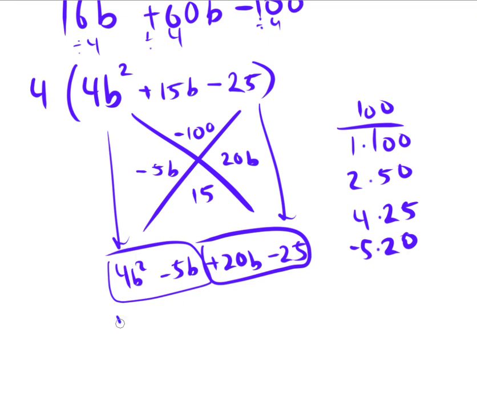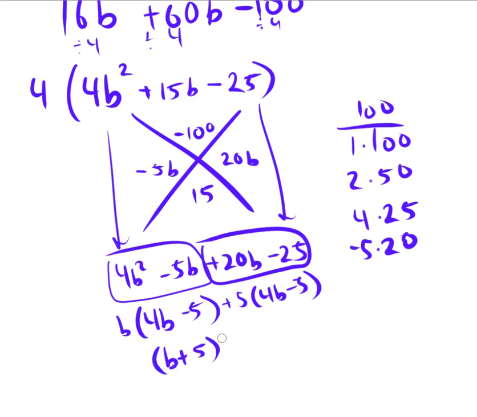And I'm going to pull out a b here. b times 4b minus 5, and I'm going to pull out from this one a, let's see, a 5 times 4b minus 5, and so that becomes b plus 5 times 4b minus 5.